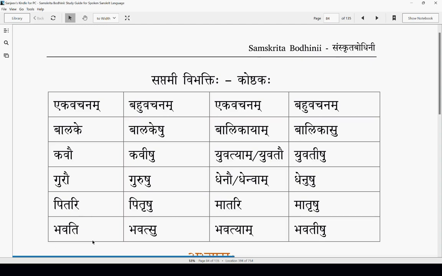Now bhavan shabda we have seen. Bhavan, like bhavatah, bhavan pustakam pathati, bhavan dhavati, bhavatah pustakam asti, bhavatah shashti, bhavata means bhavata is tritiya. Now bhavati is saptami.